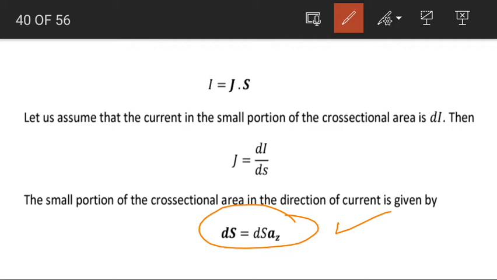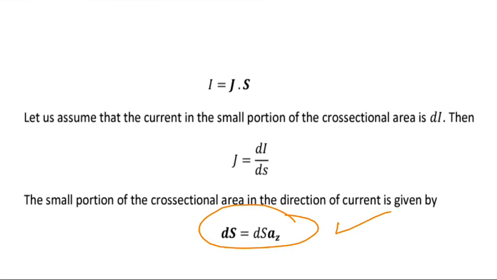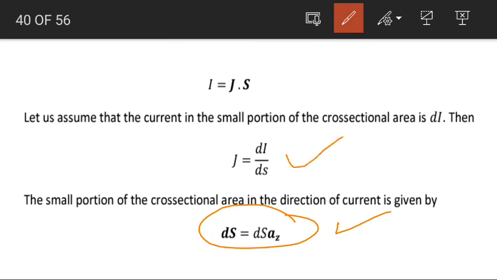So we can calculate the differential current from this particular equation. The differential current will be equal to J into ds.